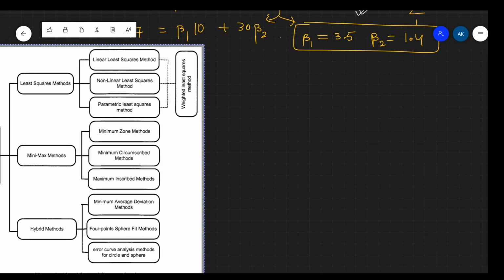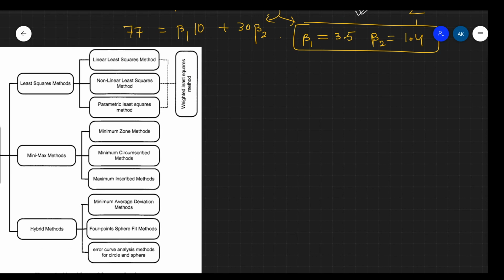There is something called the linear least square method, which we saw above, and something which is also called non-linear. Non-linear least square method means the equation can be parabolic, it can be exponential, so it varies from question to question.